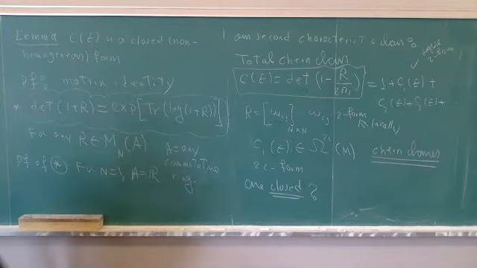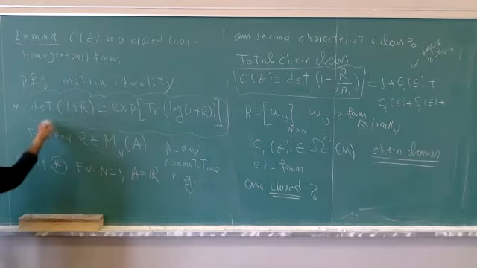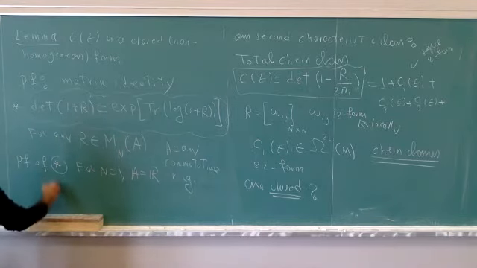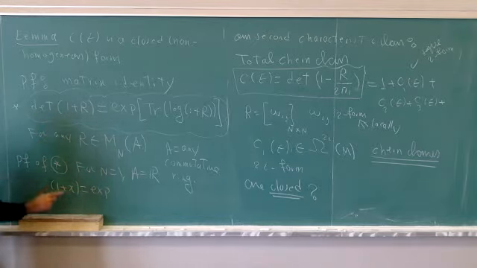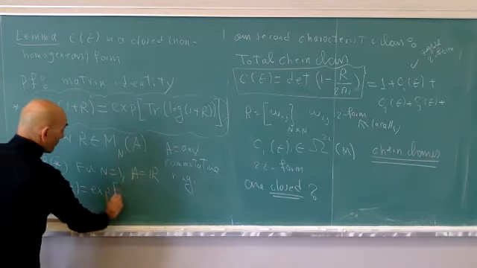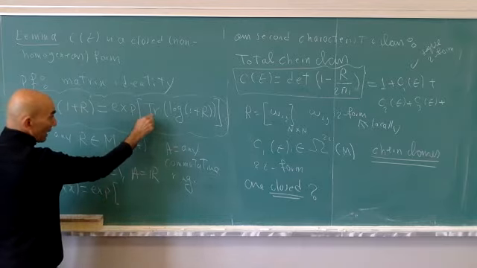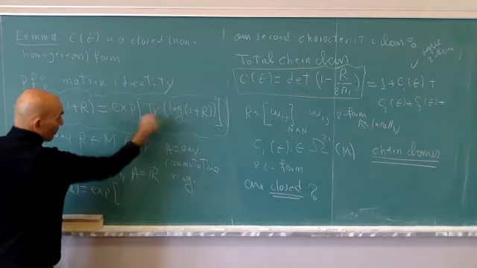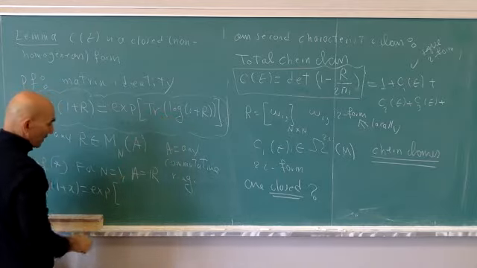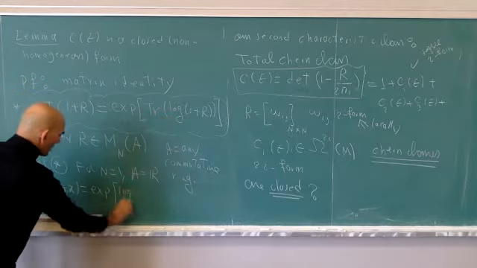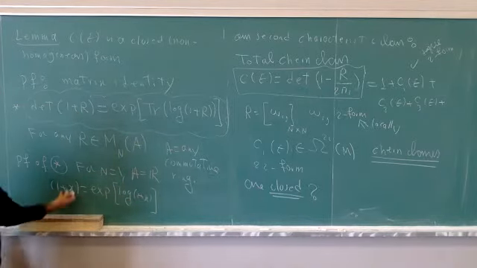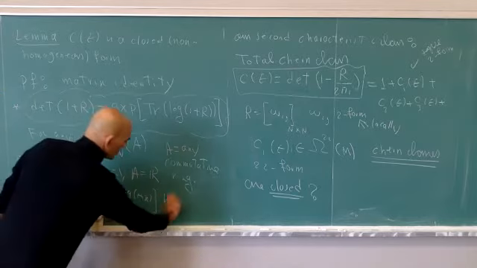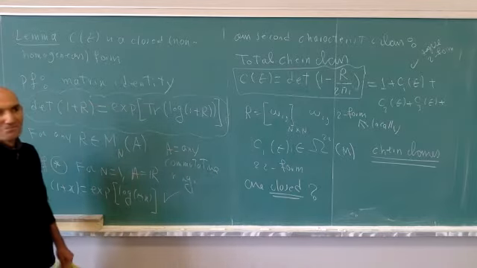In that case, we are just saying that 1 plus x is equal to exponential of the trace of a number, which is just a number because it's a 1 by 1 matrix, so it's log of 1 plus x. Of course, this is absolutely correct, so there's nothing to prove here.